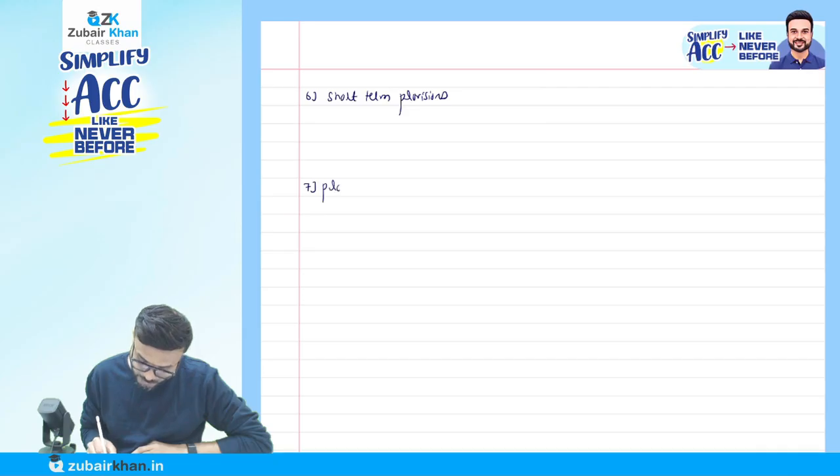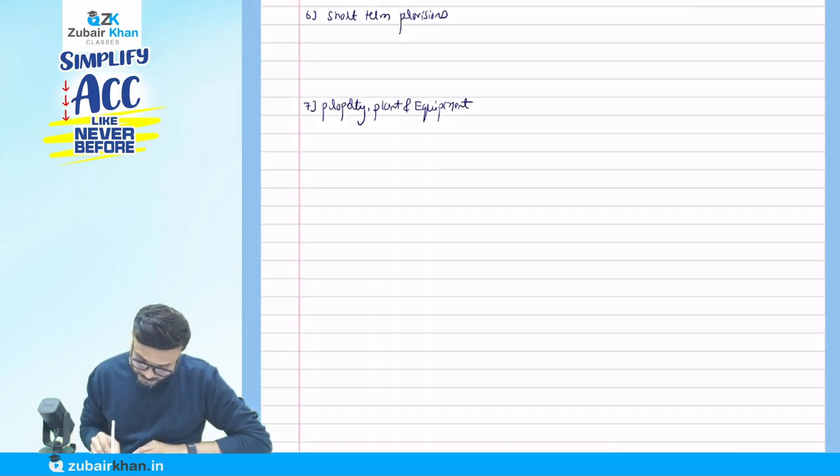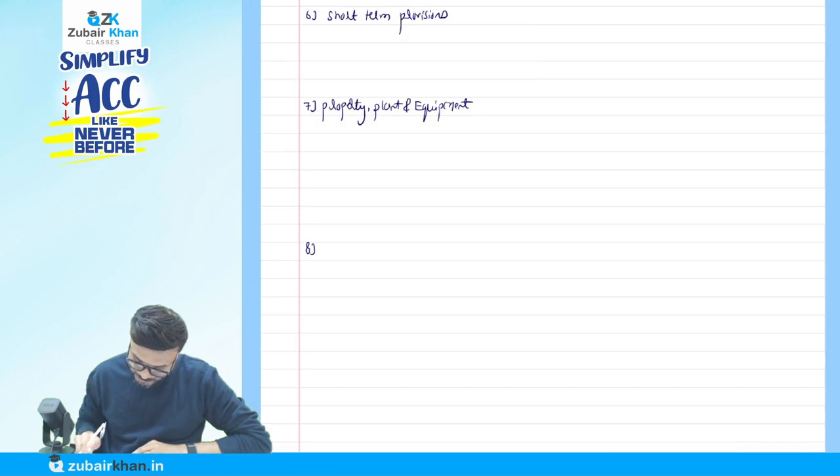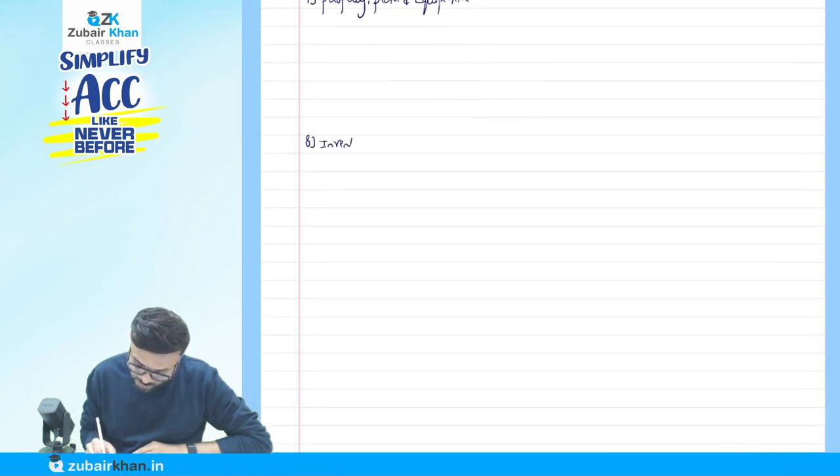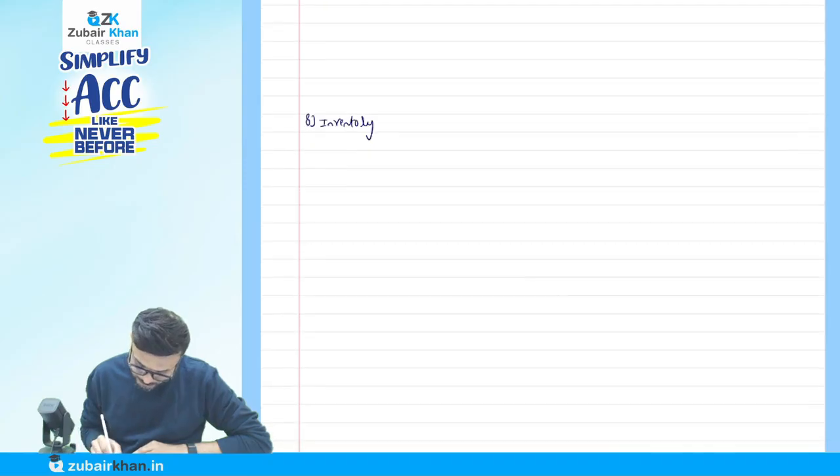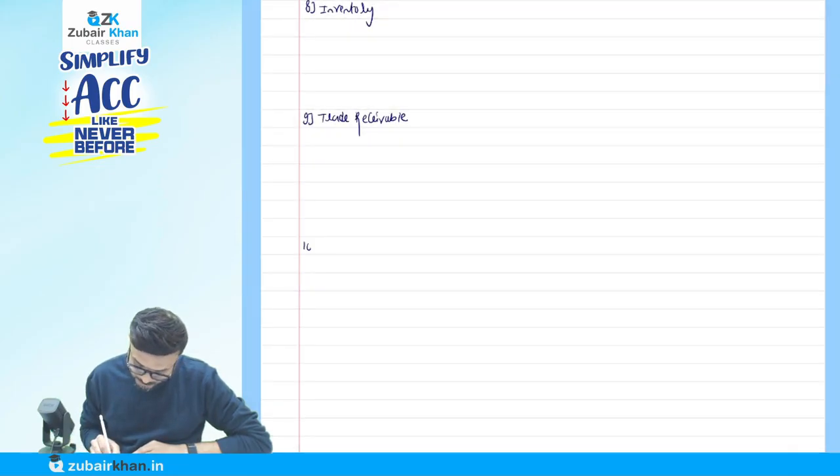7, property, plant and equipment. Now 5, 6 lines. Then 8, inventory, then trade receivable, and then here we have cash and cash equivalents.